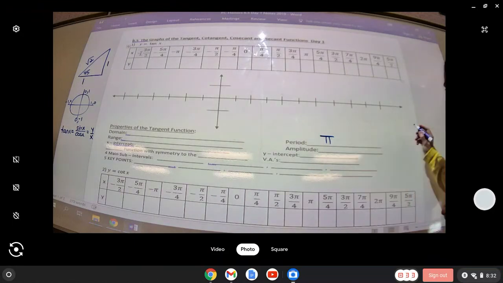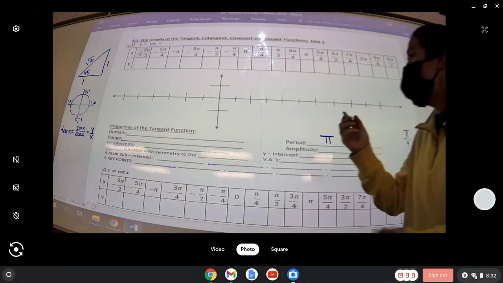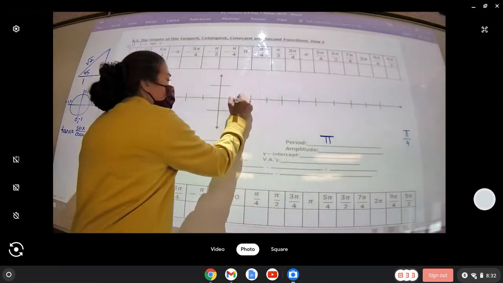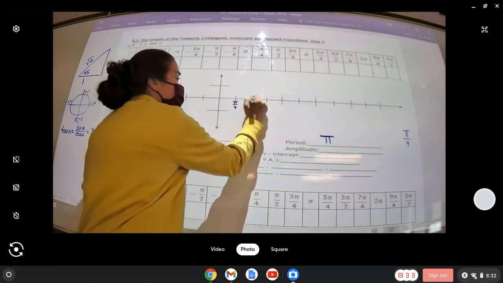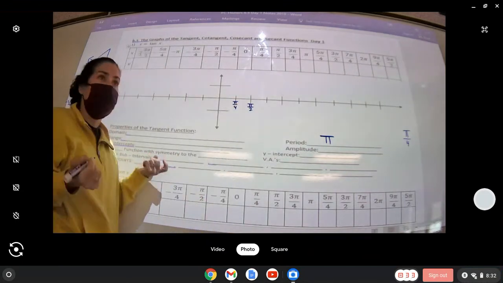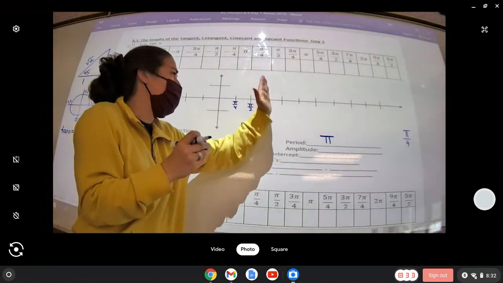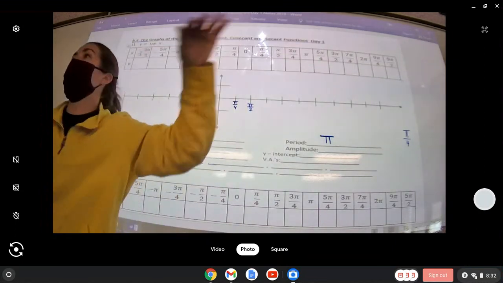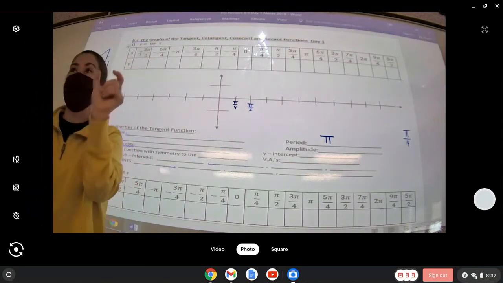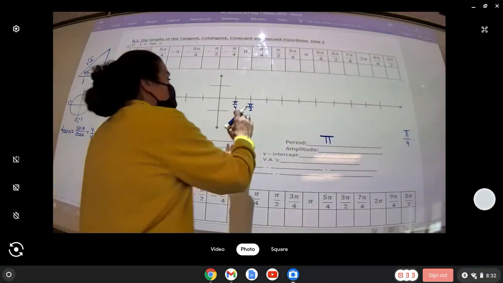So guys, if I take the period and divide it into those four sub-intervals, it means we'll actually be counting by pi over 4, not pi over 2. So we're going to do 1 pi over 4, 2 pi over 4, which actually reduces to pi over 2, and then you just count it: 1 pi over 4, 2 pi over 4, 3 pi over 4. So everybody do that. Label your x-axis by increments of pi over 4.